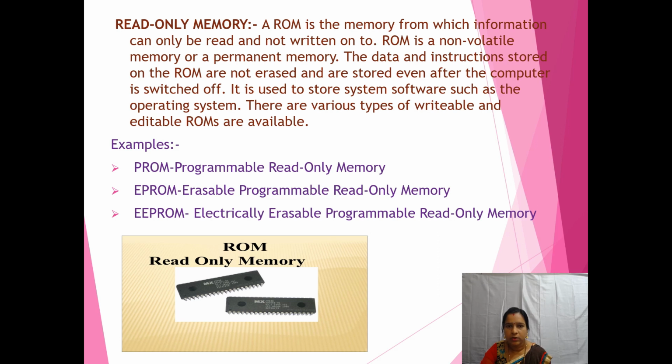So we can only read it, we can't write to it. ROM is a non-volatile memory or a permanent memory. The data and instructions stored in a ROM are not erased and remain even after the computer is switched off. So when we switch off the computer, the data will not be removed from the ROM.